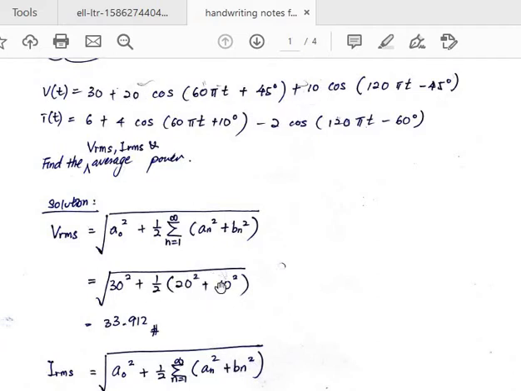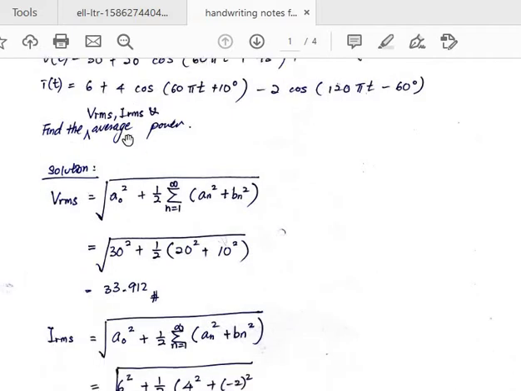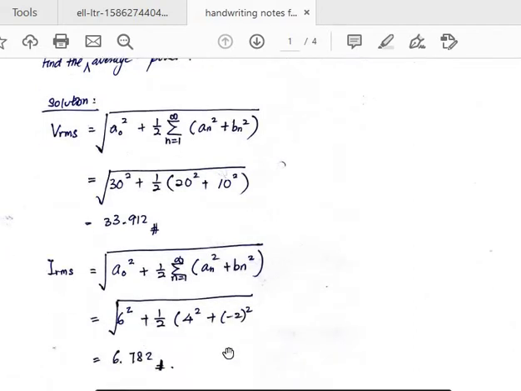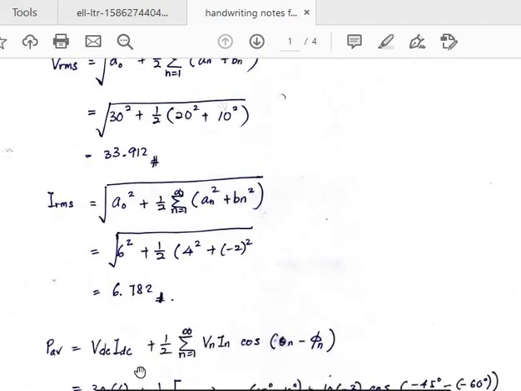So 20 squared plus 10 squared, and then taking the square root, you get 33.912. For the I RMS, you have A naught as 6, and then An is 4 and minus 2. You follow the formula again and you get I RMS equal to 6.782.